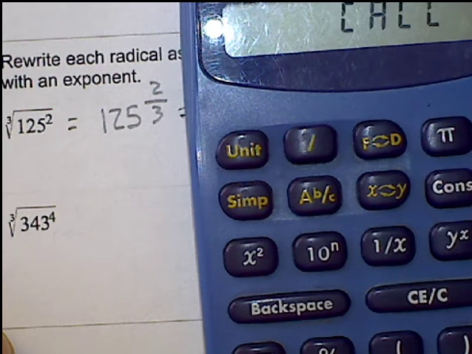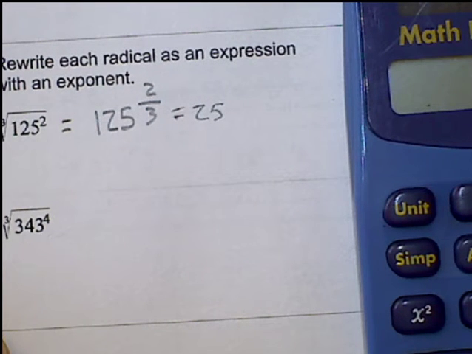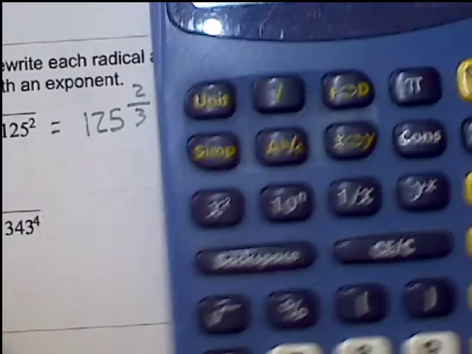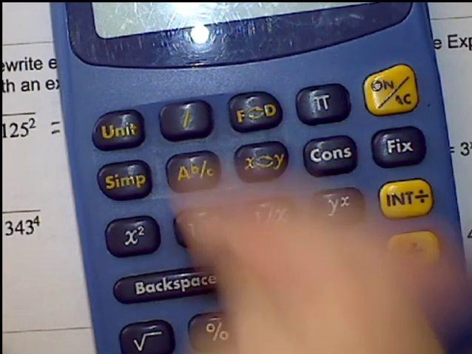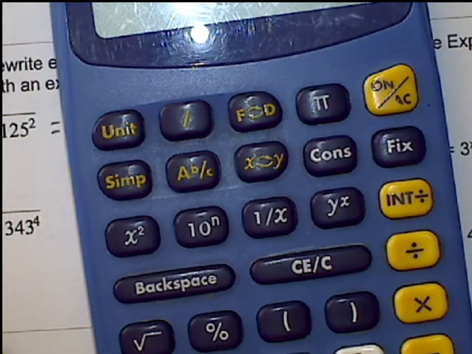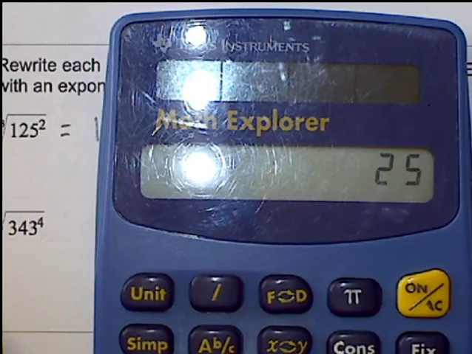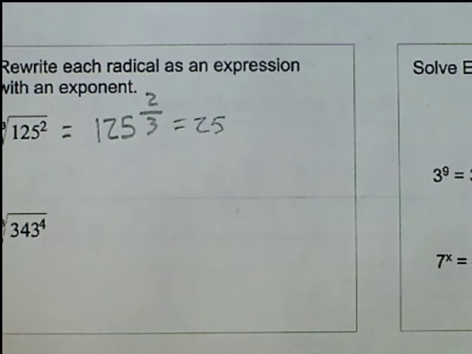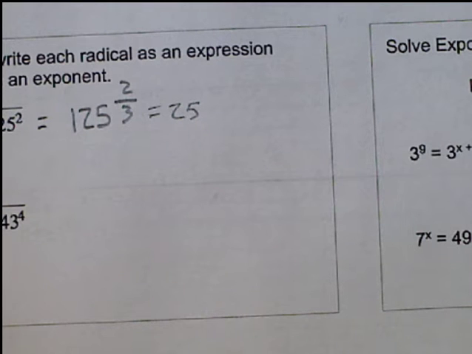Well, you gotta put 2/3 in the right spot, but 125, y to the x, 2/3 is 25. I got 6. Well, you got the wrong answer. I don't know what to tell you. Well, try it again and hit the right buttons this time.